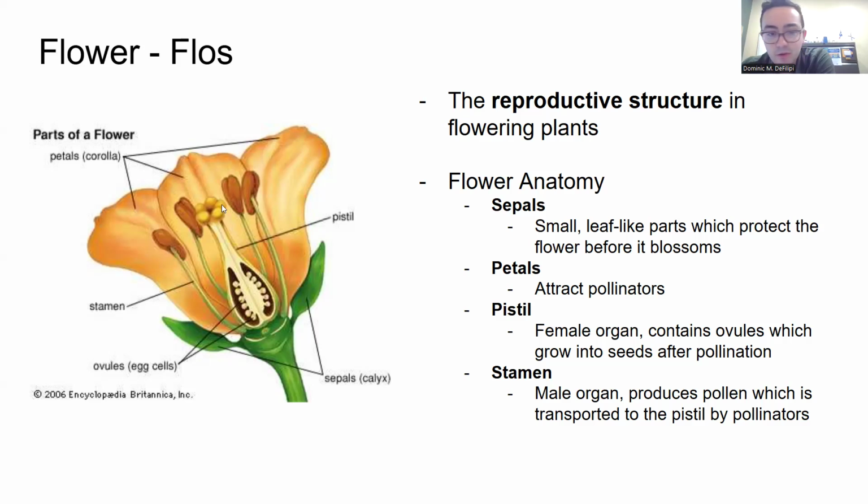And that pollen will inevitably rub off on the pistil, thereby fertilizing the ovules, the seed cells within the flower. Once the flower dies, it'll eventually release those seeds, so the plant itself can continue to propagate. I would mention too, there are sometimes species of plants which are considered male or female. Pear trees and certain types of apple trees are good examples of this.